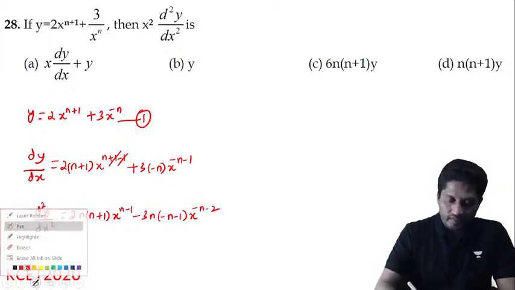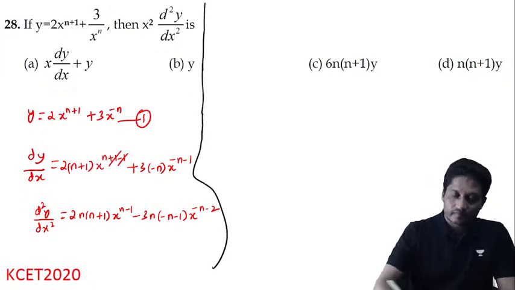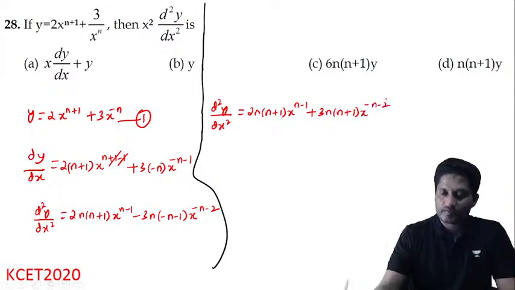Okay, now d square y by dx square is equal to 2n into n plus 1 x to the power of n minus 1, minus of minus is plus 3n into n plus 1 and x to the power of minus n minus 2.